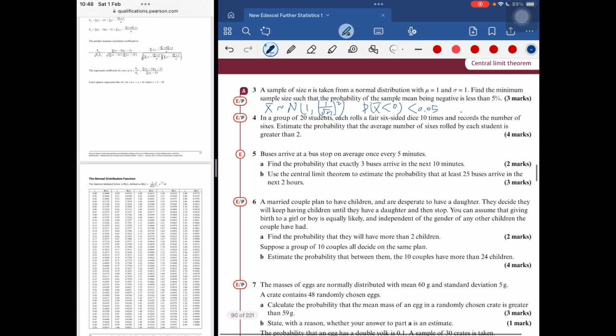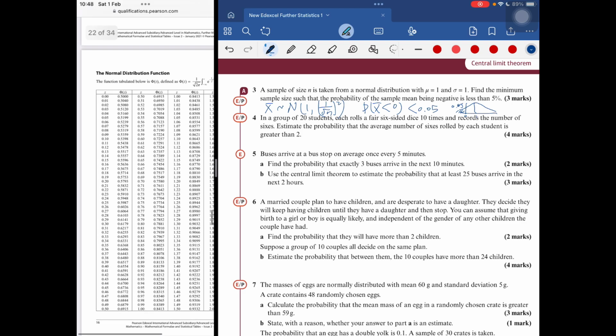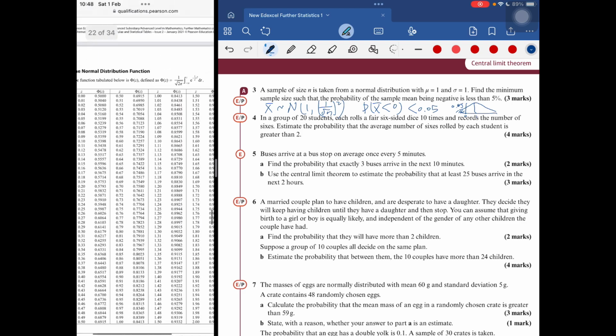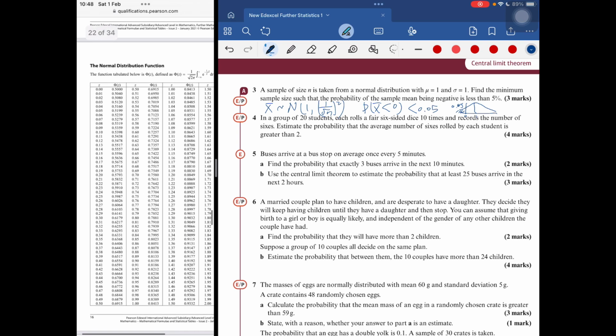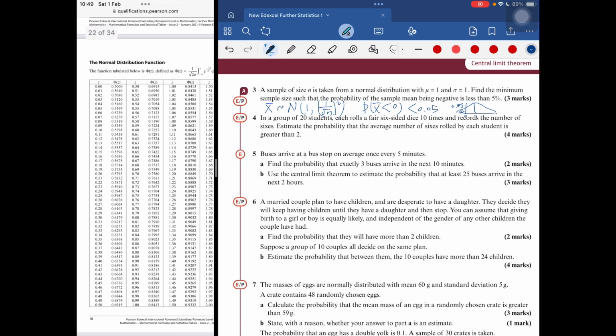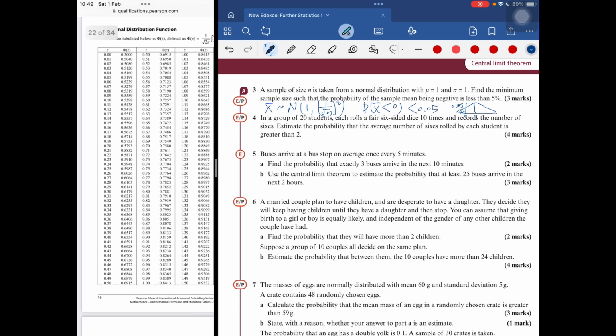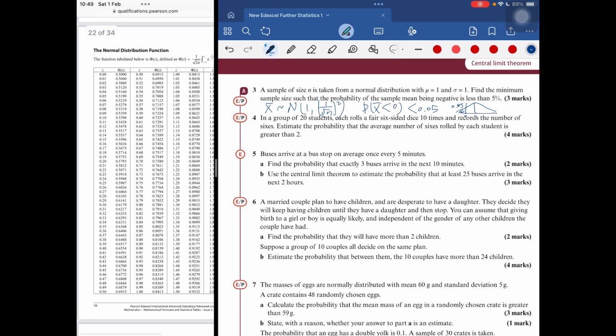So here, maybe here should be 0, here is 1, and this part is 0.05. So we need to use the z-score for 0.05: negative infinity to z, the probability smaller than 0.05.